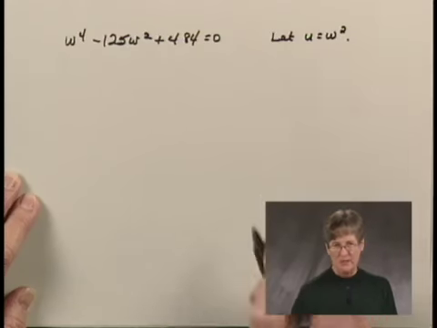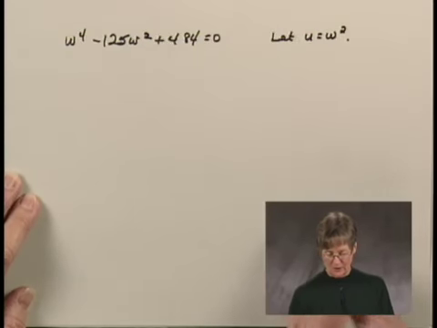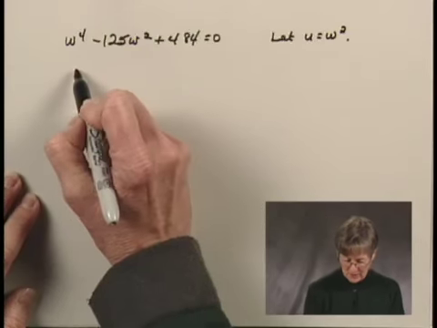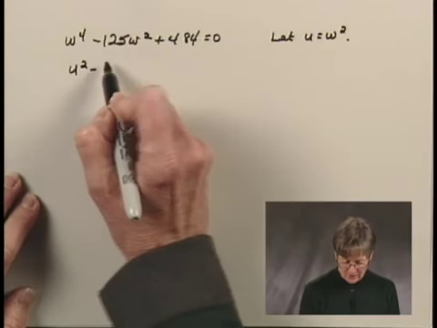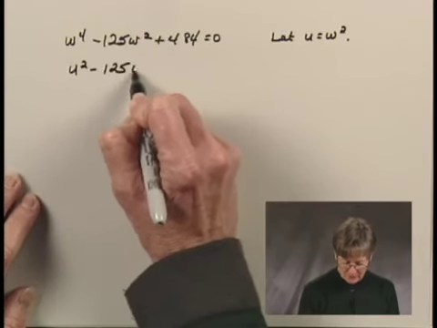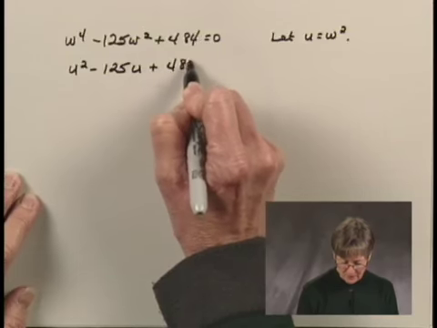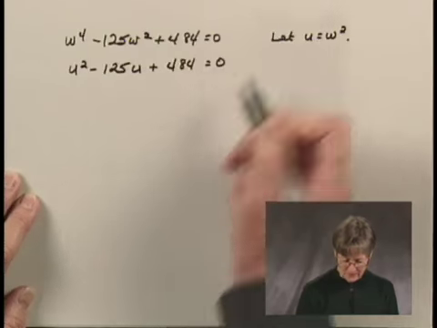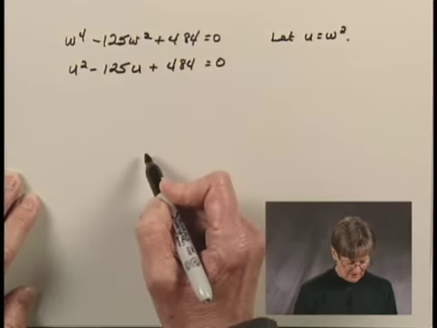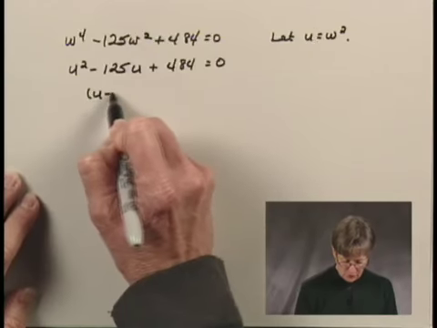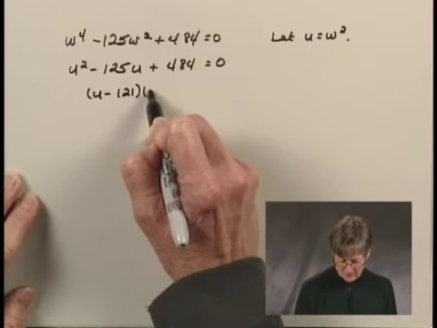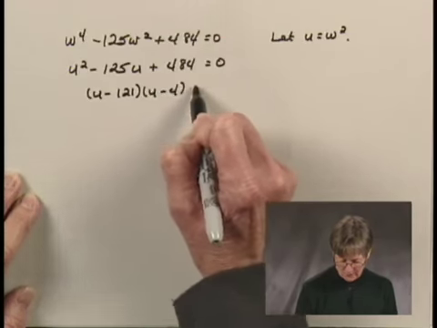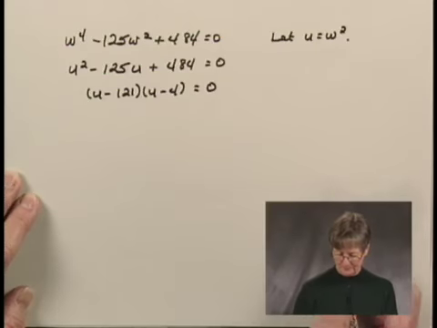Then U squared is going to be equal to W to the 4th power. We make those substitutions in our equation, and we have U squared minus 125U plus 484 equals 0. I can factor on the left-hand side. I have U minus 121 times U minus 4 equals 0.